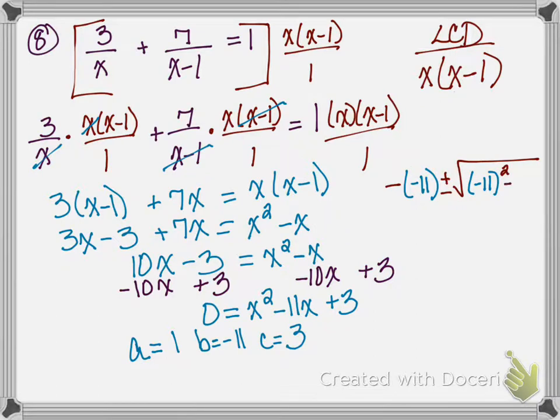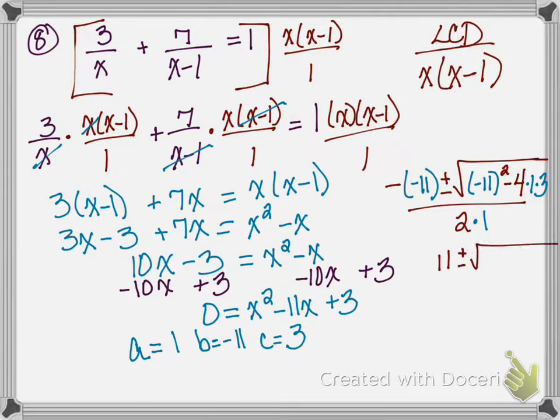And then minus 4. A is 1. What's C? 3. I think it's positive 3. Yeah, it's positive 3. And that is all over 2 times 1. Okay? Negative 11 becomes positive 11.